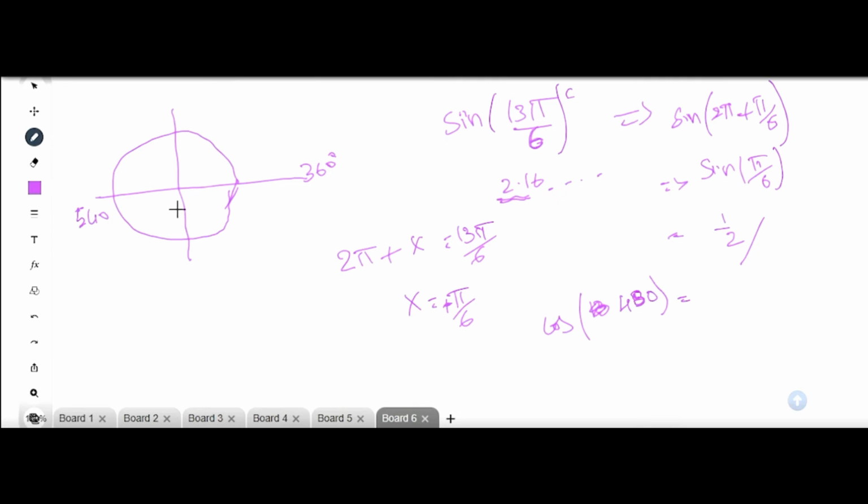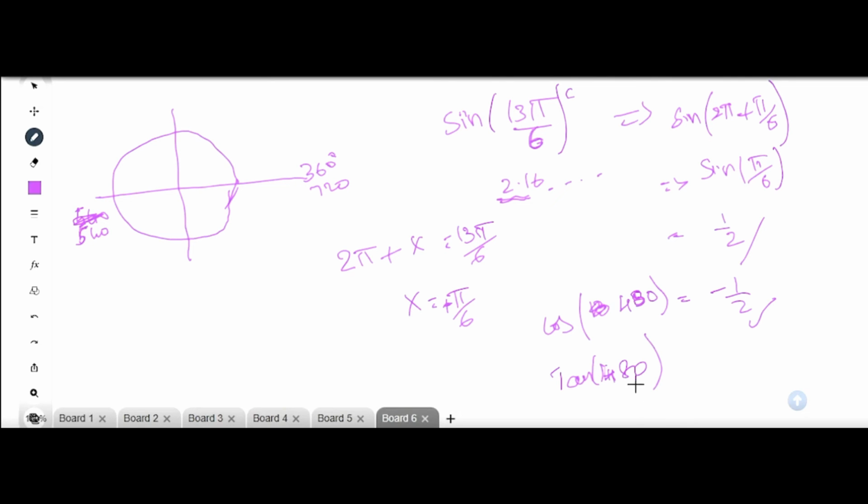So how do you approach 120? 120 would be 180 minus 60, and cos of 60 is 1 over 2, but since it's in the second quadrant, it's going to be negative 1 over 2. Amazing. Very good. So you did it orally, right? Easy.